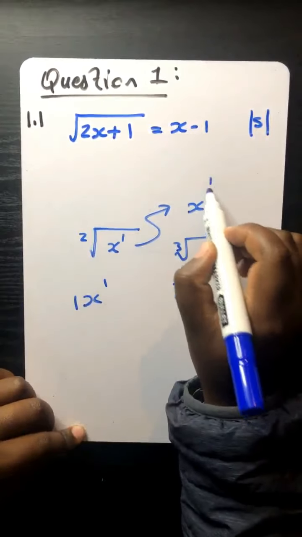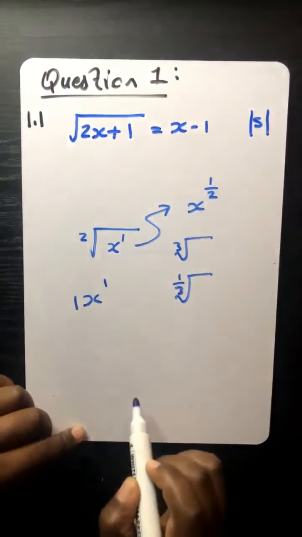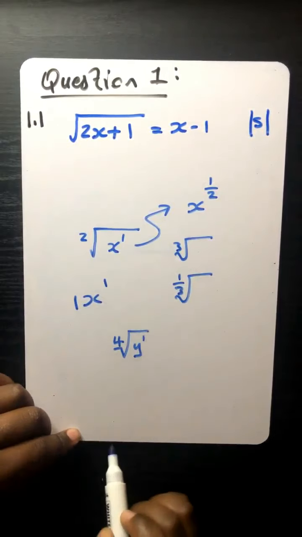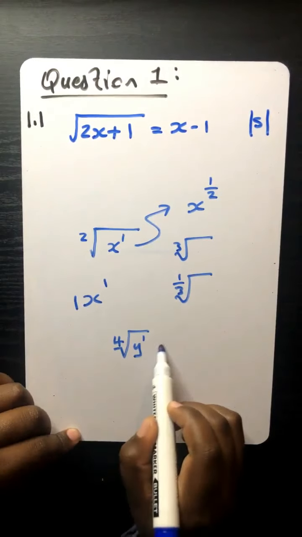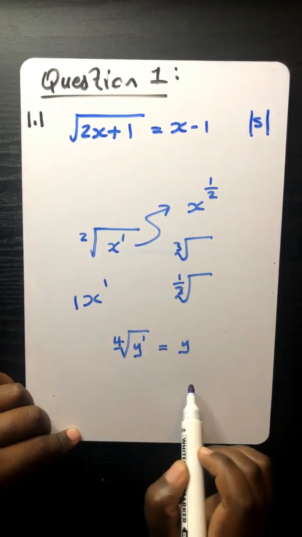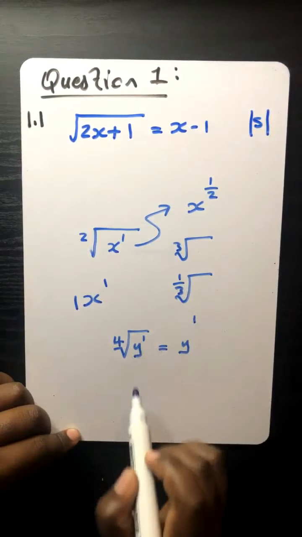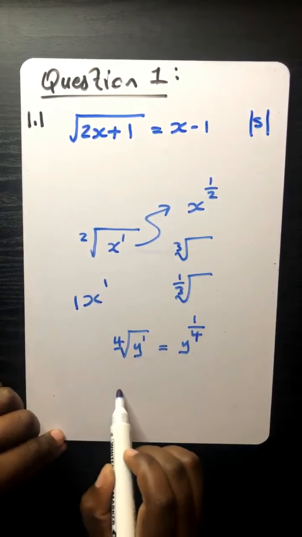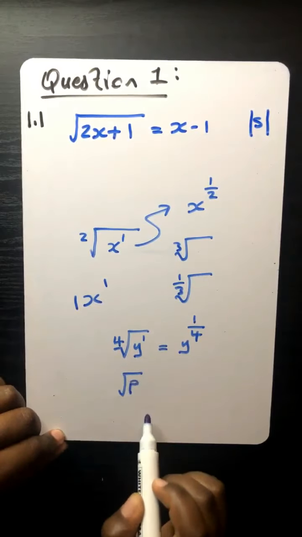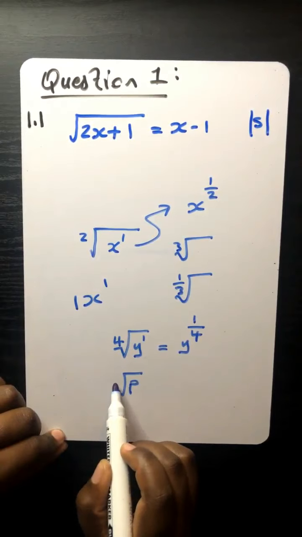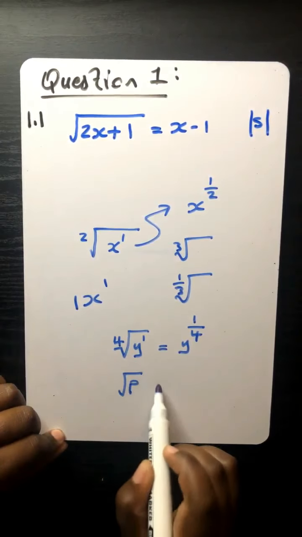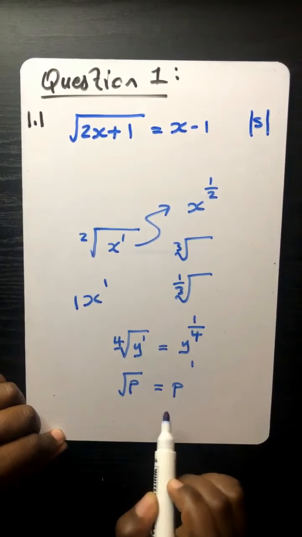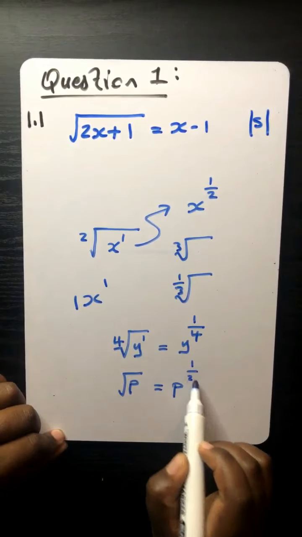So that 1 is at the top, and the 2 is at the bottom. That means if you have 4 square root of y, you have an invisible 1 over there, so this thing is the same as y. This one you write at the top, over 4. So if you just have a square root of p, you have an invisible 2 over there and an invisible 1 over there, then this equals that invisible 1 over invisible 2.